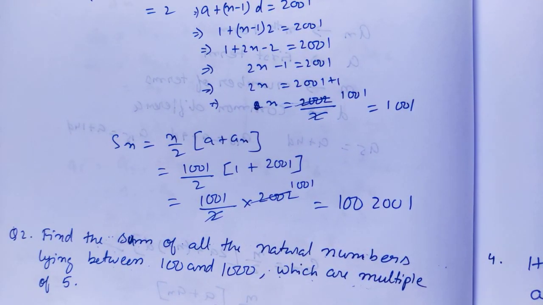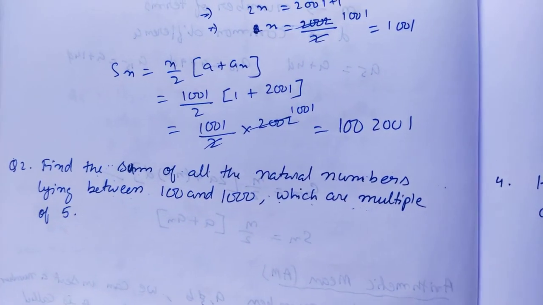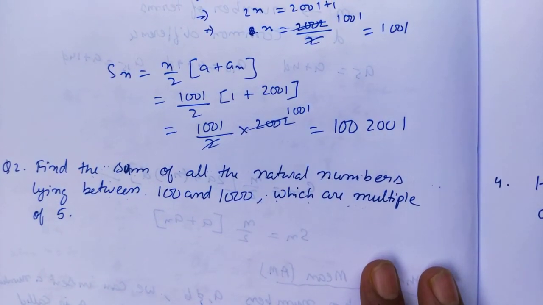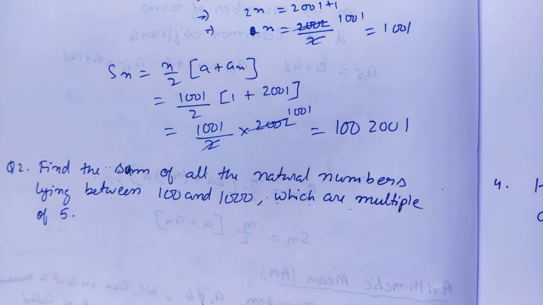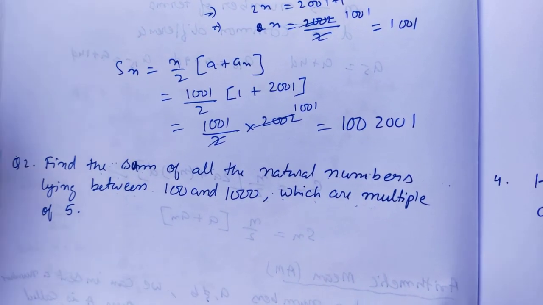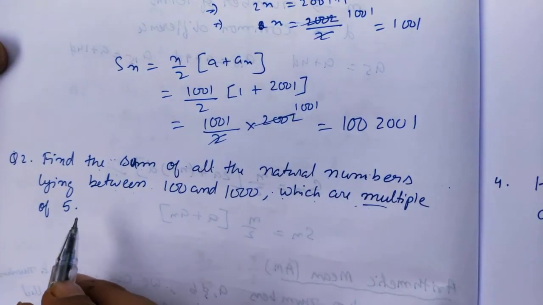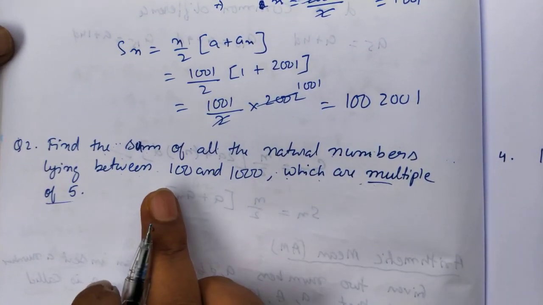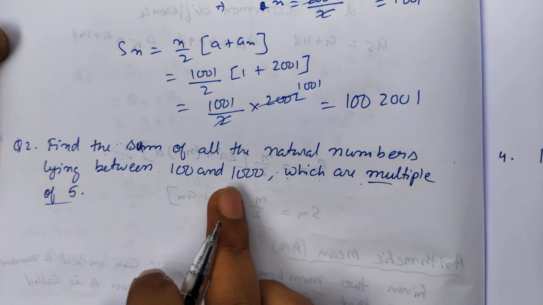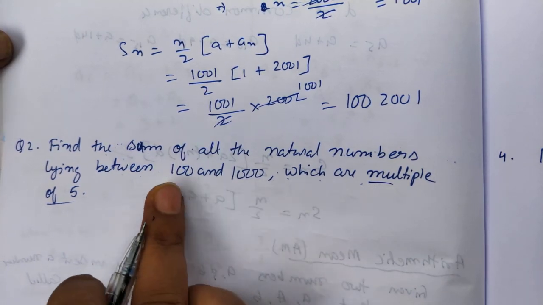Let's do question number 2. Find the sum of all the natural numbers lying between 100 and 1000 which are multiples of 5. So between means I cannot take these two numbers, okay, in between.